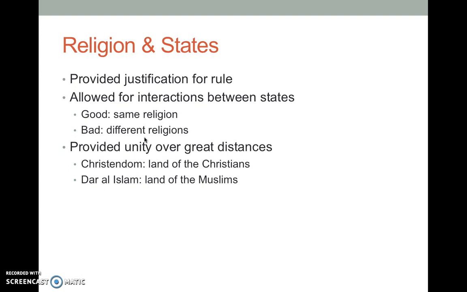So Western Europe largely was referred to throughout this time as Christendom. The Muslims call the land under Muslim control Dar al-Islam. And this idea isn't that everyone is behaving the same way. It's that everyone has the same code of ethics that's meant to guide, to control their behavior.